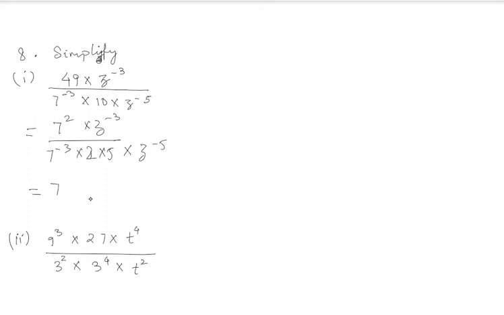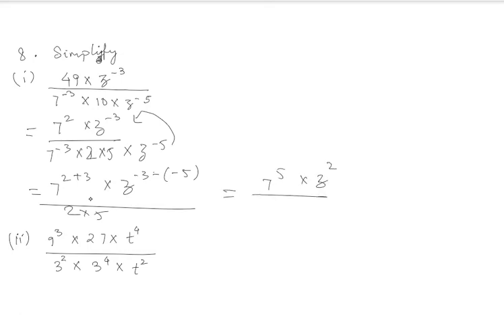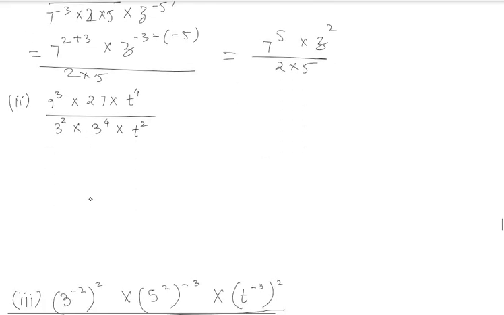So this becomes 7 square plus 3 into z to the power minus 3, and then minus of minus 5, this goes up, and then by 2 into 5. So that is 7 to the power 5 into z square by 2 into 5. We can also multiply and write the answer, or leave it this way also.